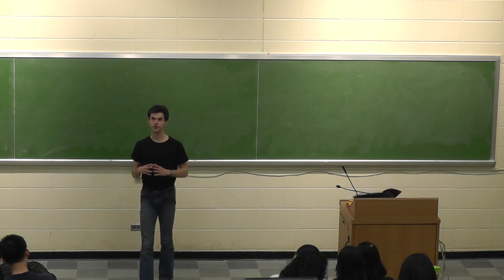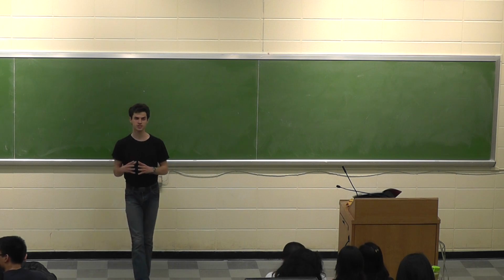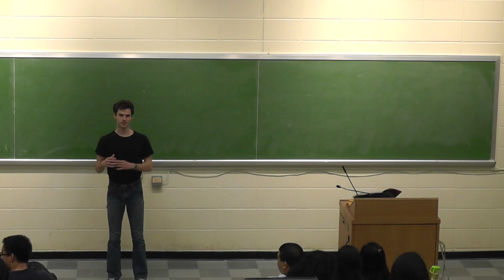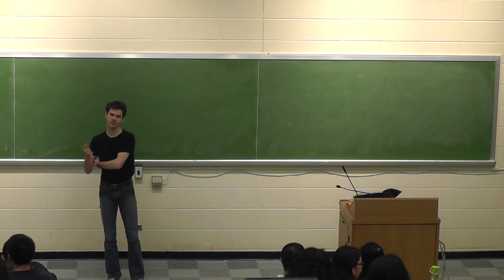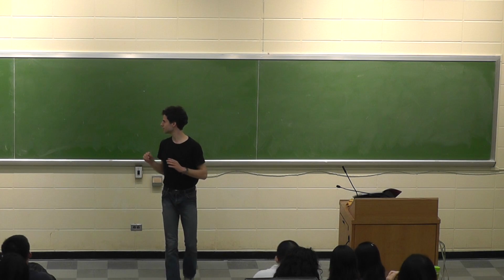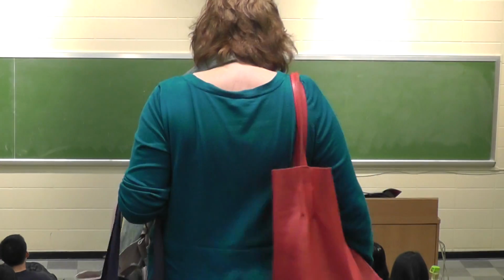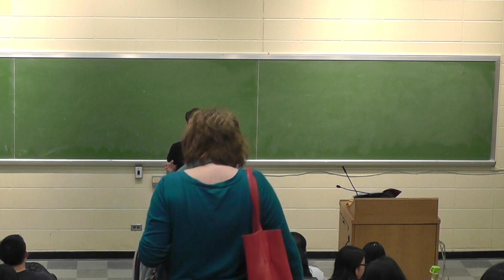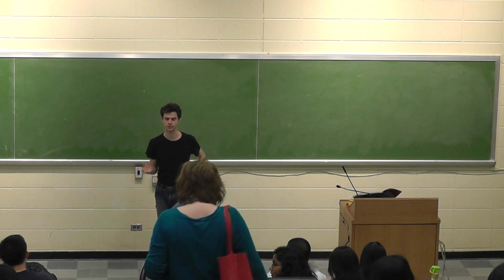Okay, so let me recall that we started the last lecture by discussing the following thing. Suppose that there is unique factorization of Gaussian integers, into Gaussian prime numbers.